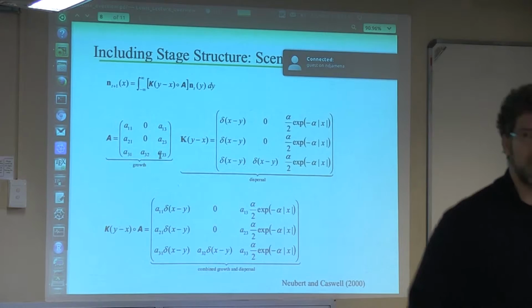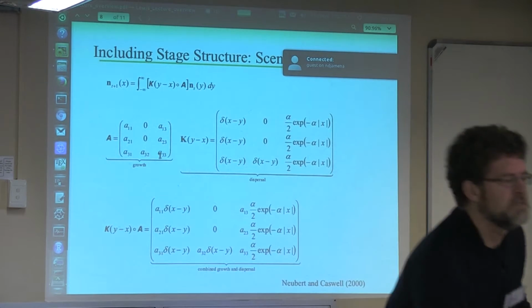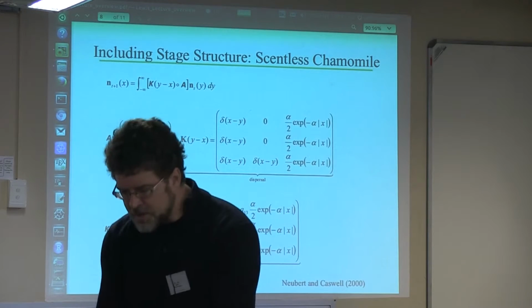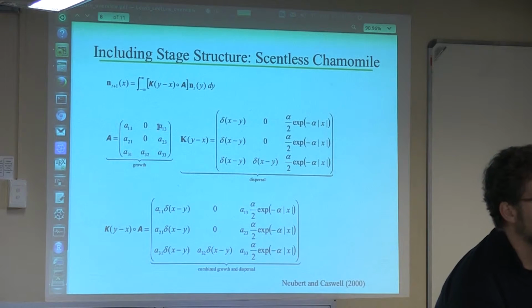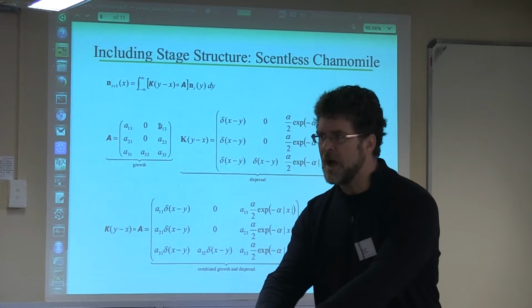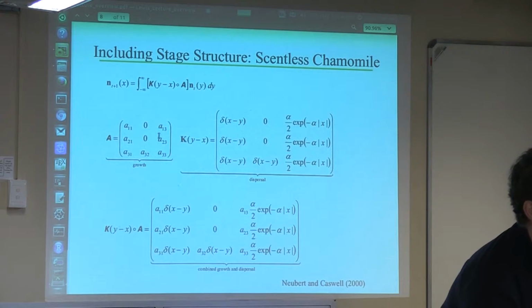This is a flower that produces a seed that produces a new flower. This one is a flower that produces a seed that then turns into a low-growing rosette. And then this one is a flower that produces a seed that just stays in the ground as a seed in the seed bank. These are these 3 entries.